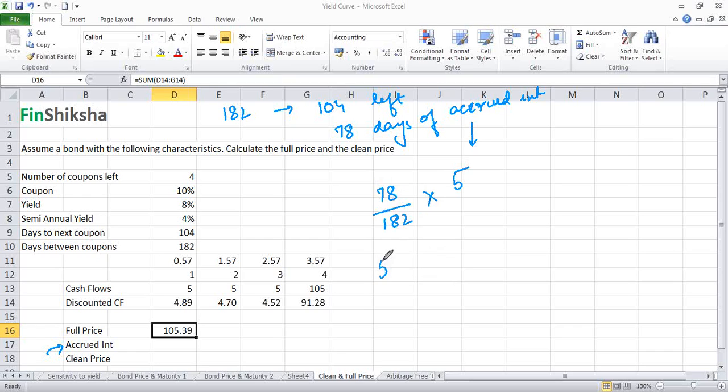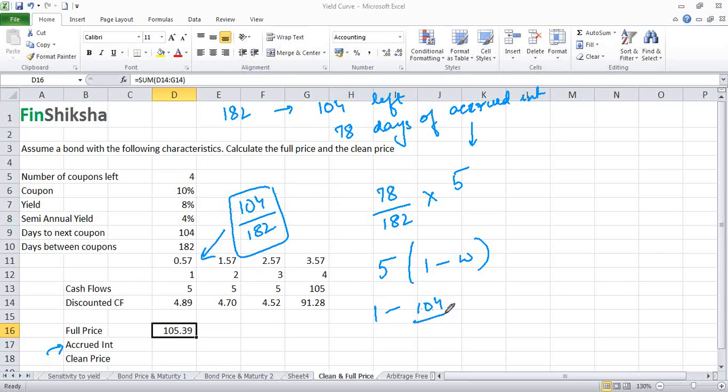Or you could take the total coupon, multiplied by 1 minus W, where W is the ratio 104 by 182. This is what we had calculated here. 1 minus 104 by 182 is equal to 78 by 182, which is this.